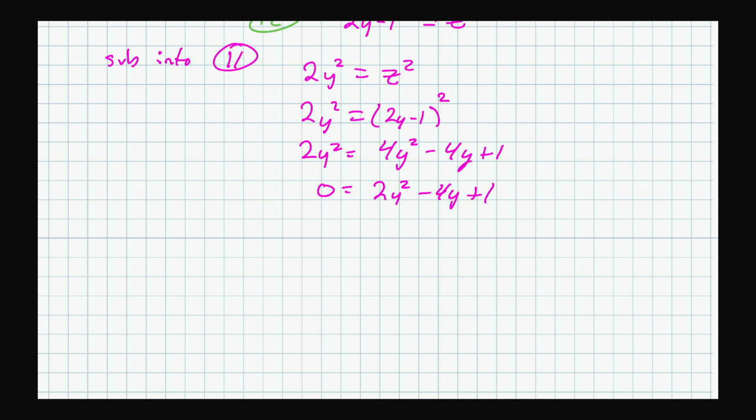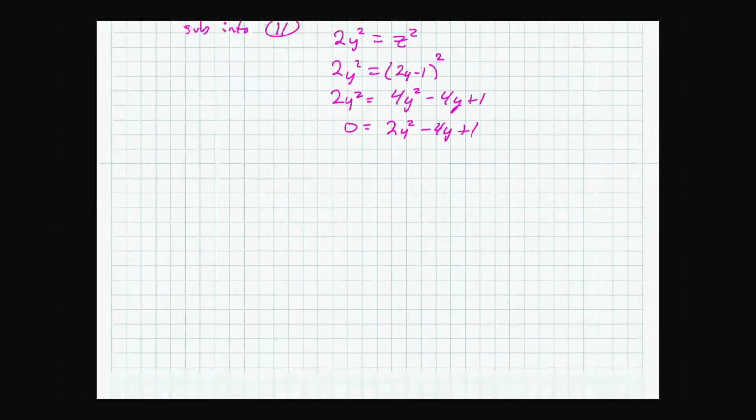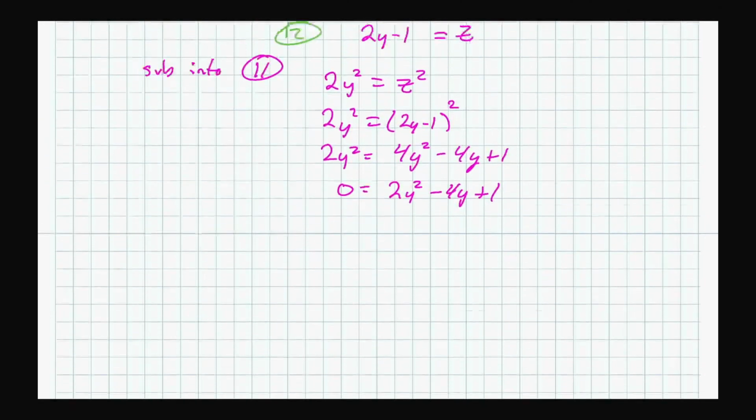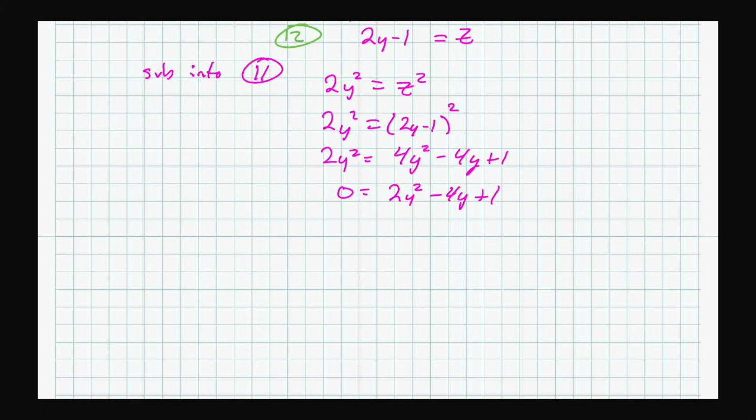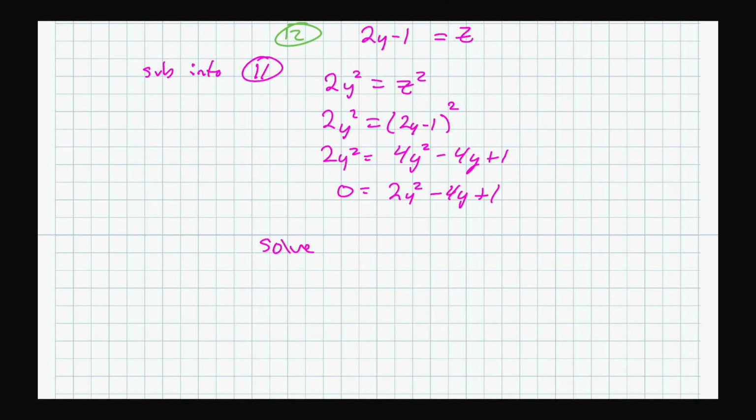Okay, now you have to solve this with the quadratic equation, and in the interest of time, I'm not going to. I'm just going to tell you the answer. Just solve with the quadratic equation.